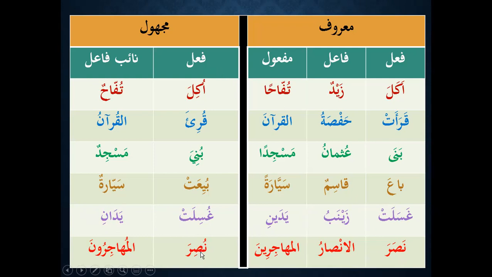Again, to make it majhul, nusira, fu'ila, nusira. Why? Because muhajirun are mudhakkar, so nusira. Al-muhajirin becomes al-muhajirun. Why? Because this is una, marfu state of naib fa'il. This is extremely important to know. And if you have any question, ask.